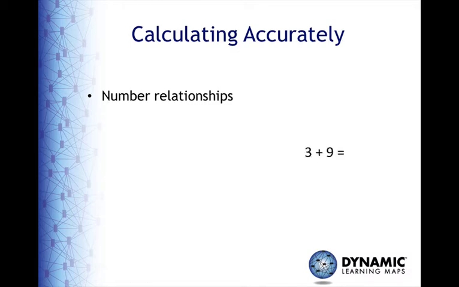Or for 3 plus 9, the student knows 9 plus 1 equals 10, plus 2 more is 12. The third strategy is mastery, knowing that 3 plus 3 equals 6, producing the answer fast and accurately without having to resort to figuring out the answer.